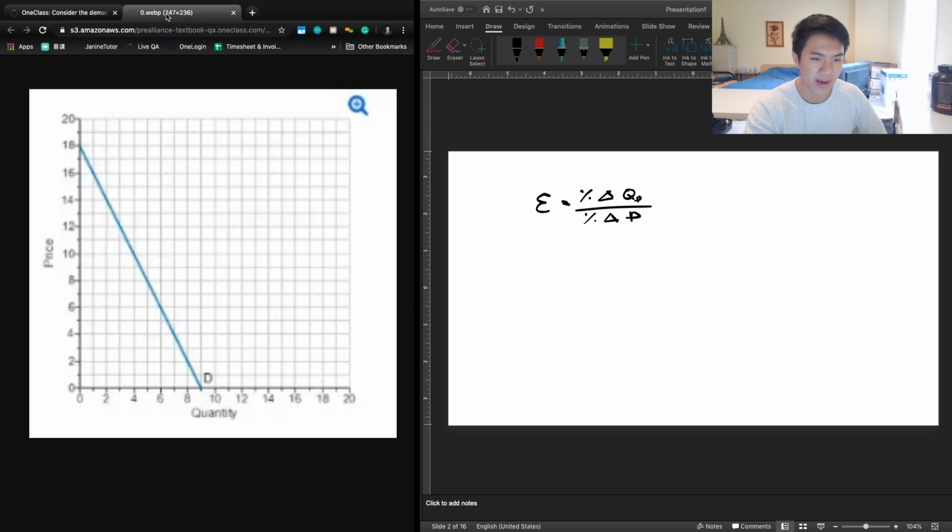What we would basically want to do is multiply out price times quantity for every single point along this graph. We can do that really quickly. At 0, it's 0. At 1, it's $16. At 2, it's $28. At 3, it's $36.